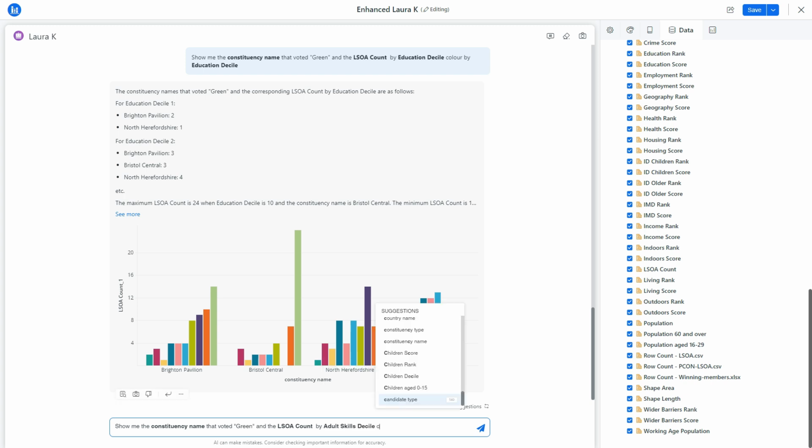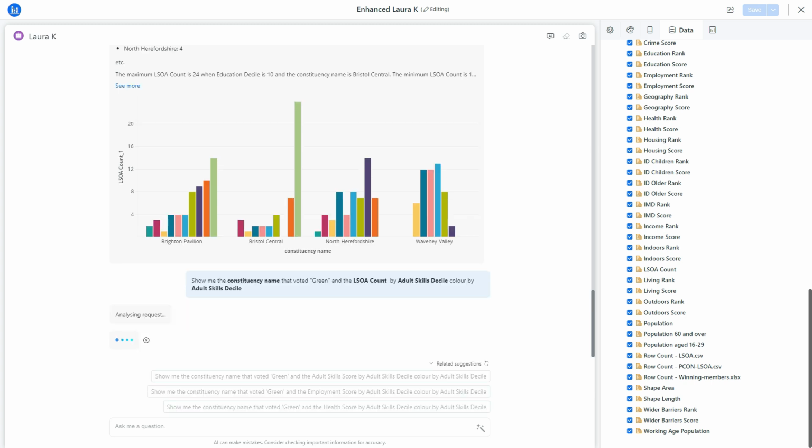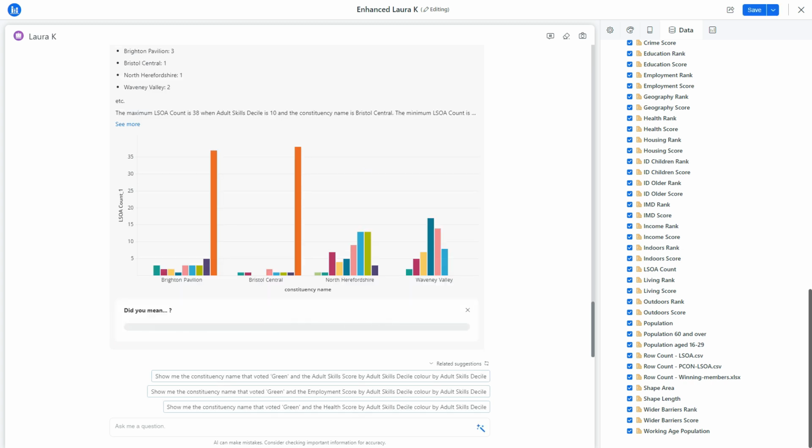I'm going to ask it to color by adult skills decile. Off we go. So that's gone off and asked MicroStrategy AI to fetch the results for us. And here we are.